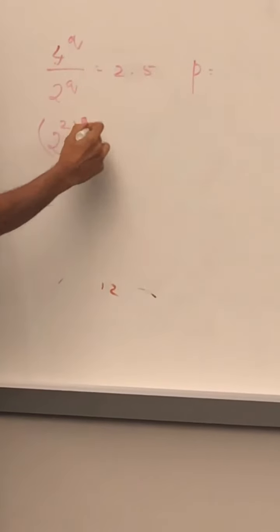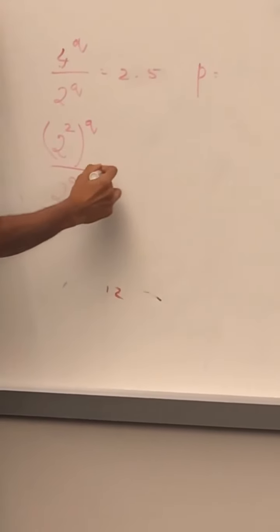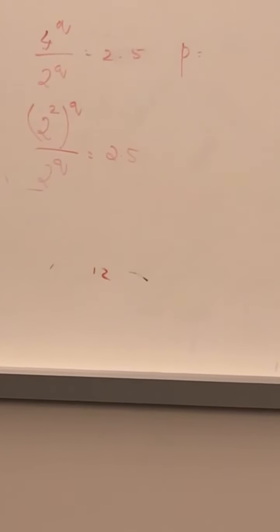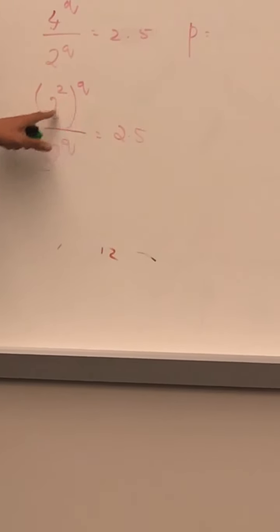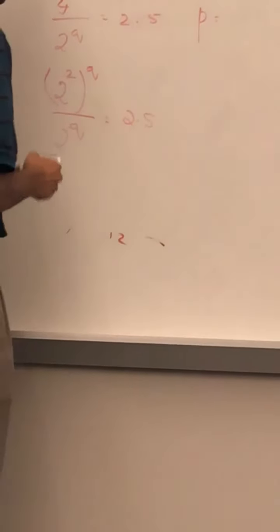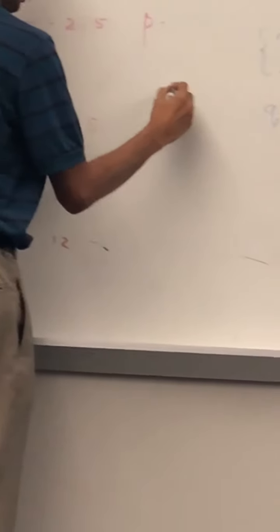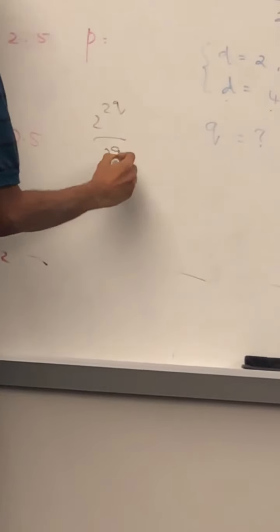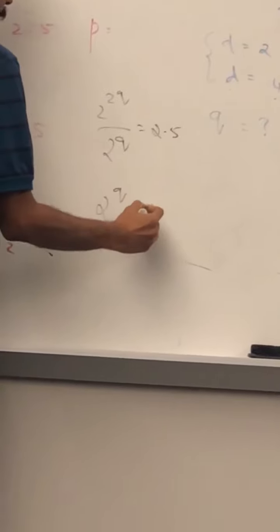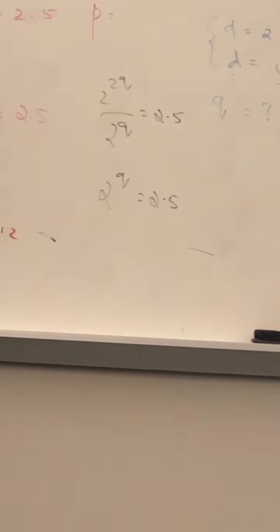So 2 squared raised to q divided by 2 to the q is 2.5. So this is 2 to the power 2q divided by 2 to the q, which is 2 to the q, equal to 2.5. So now you can solve for q.